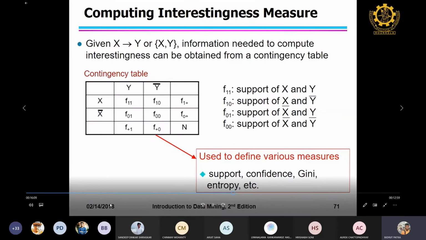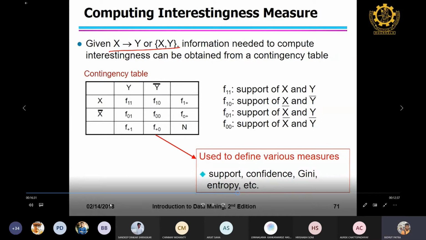To find the interestingness, we have to go in a very systematic way. Like in classification we have the confusion matrix, here we have the contingency table. Suppose we have the rule x to y.